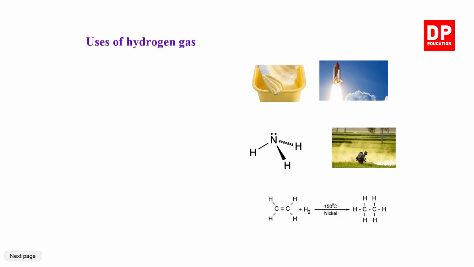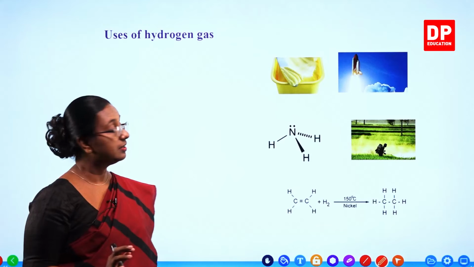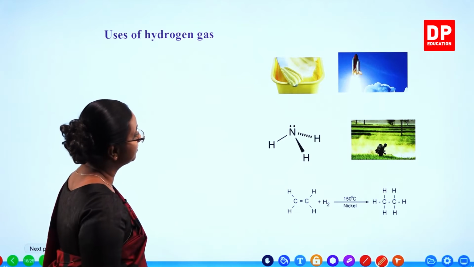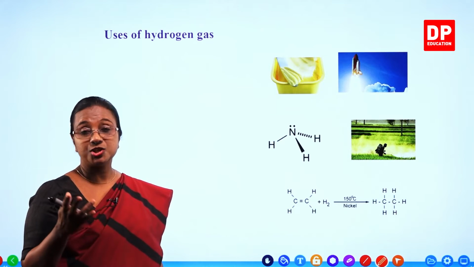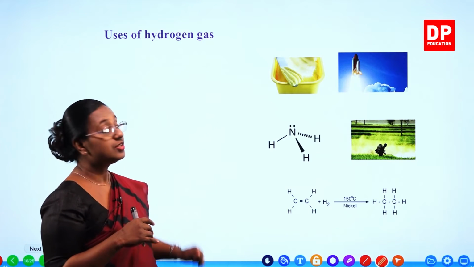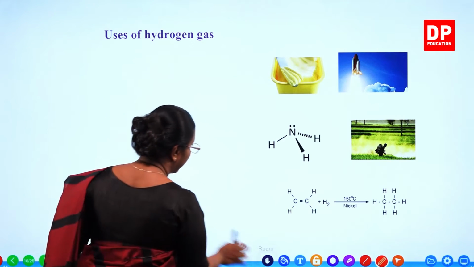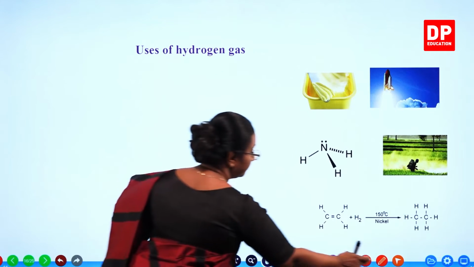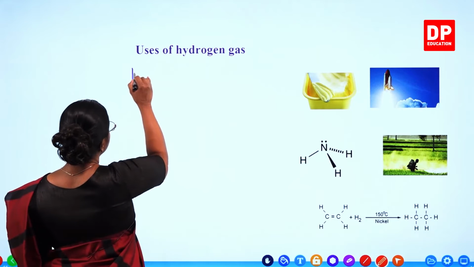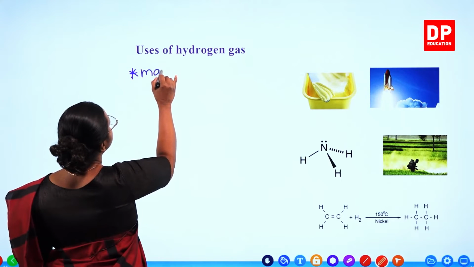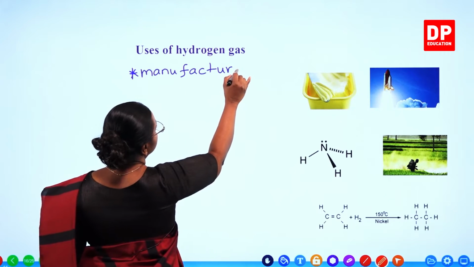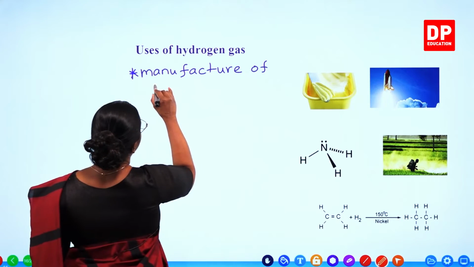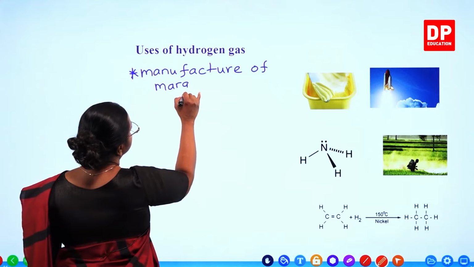So uses of hydrogen. I have actually shown it in a diagrammatic manner. The pictures, the diagrams are given to you. The first one, production or manufacture of margarine. Hydrogen is used in the manufacture of margarine.